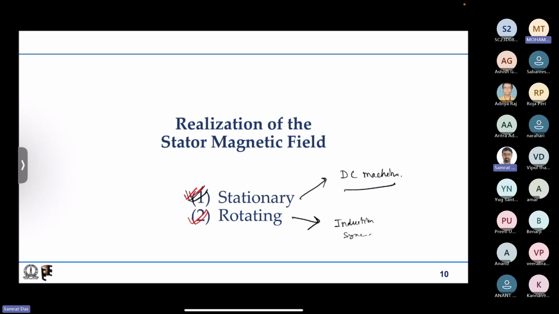Are we discussing the three-phase induction machine? No, I am not discussing the three-phase induction machine. I am discussing how to produce a rotating magnetic field by exciting something in the stator. Now, for a two-phase machine, you cannot say 360 divided by 2, and two-phase would mean the angle between the two currents is 180 degrees.